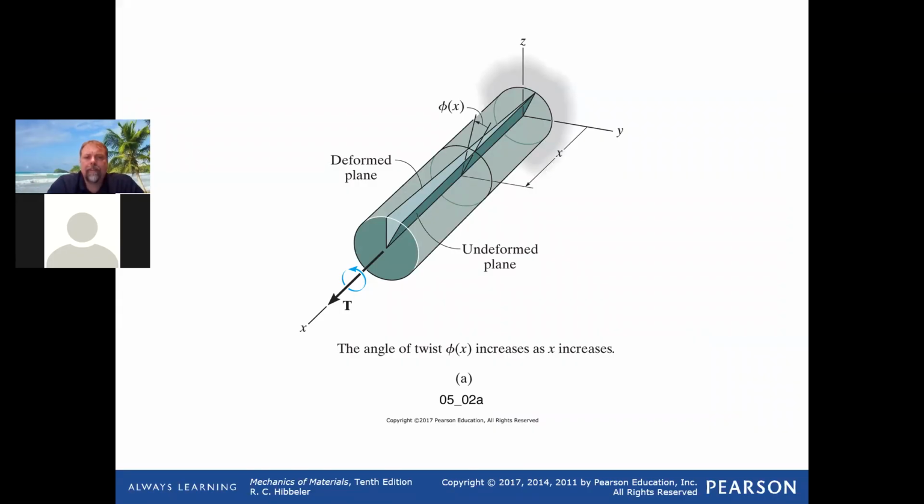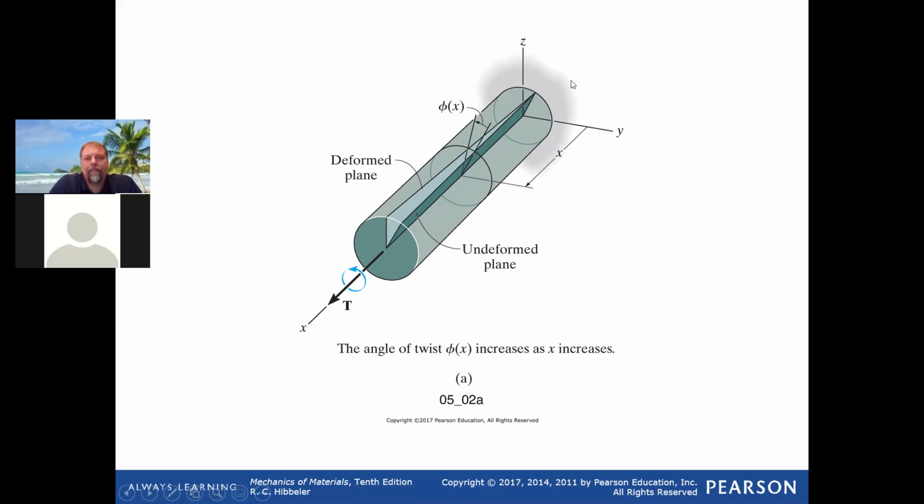And then as we start looking at the angle of twist that's being developed, for a positive torque that is applied, you're just using the right hand rule. So your thumb is facing in the direction of the torque, and then your fingers curl in the direction of that positive angle of twist. And so that's just going to cause things to rotate around.